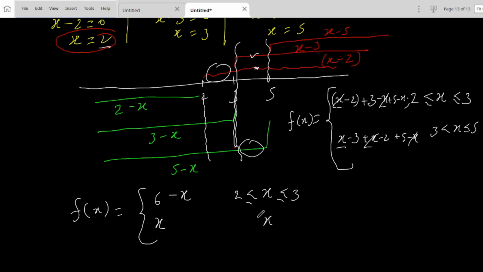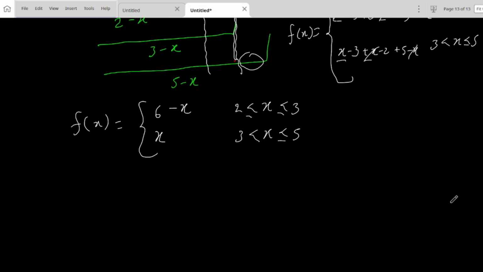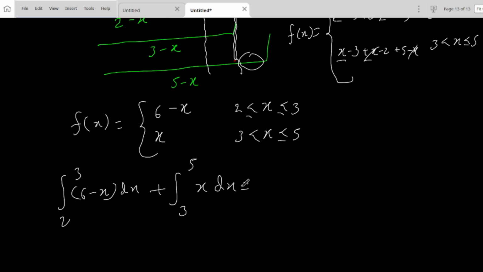So when x belongs to 3 to 5, the expression is x. So the entire integration we can write as integral 2 to 3 of (6 minus x) dx plus integral 3 to 5 of x dx.